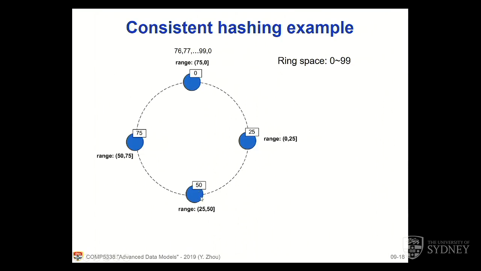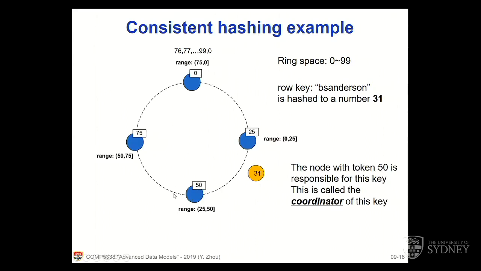So if we have a row key, which is someone's name, and it's hashed to a number 31, it's basically in this range, right? It's somewhere here. So that means this node is responsible for storing this.